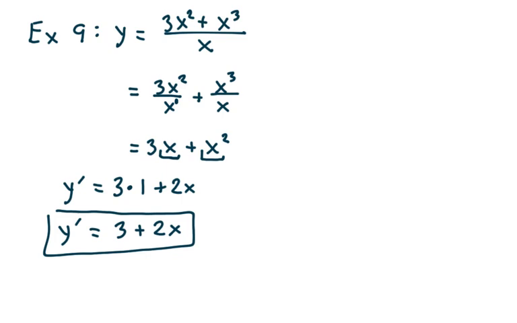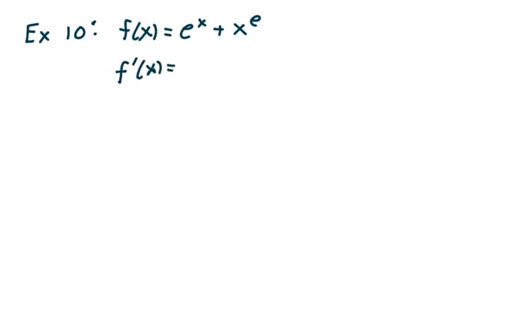Oh, here's a good one. Suppose f of x equals e to the x plus x to the e. Very tricky problem, deceptively, because now we learned that the derivative of e to the x is e to the x.